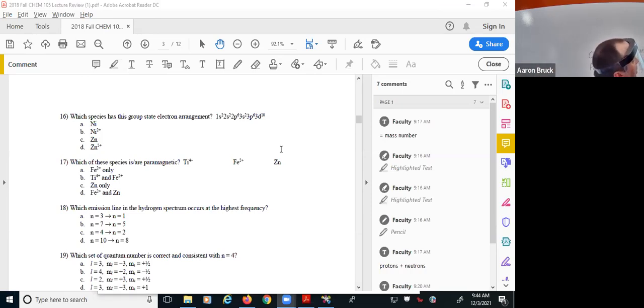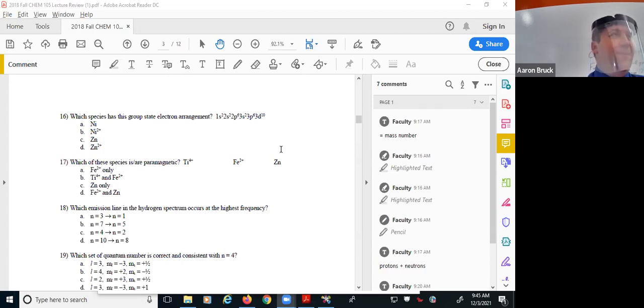Right. Number 16. Which species has this electron configuration? 1s2, 2s2, 2p6, 3s2, 3p6, 3d10. Which one?